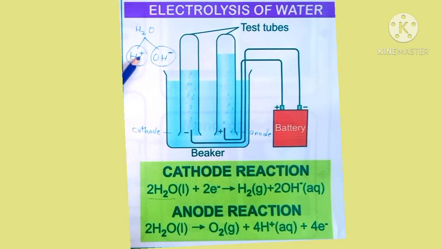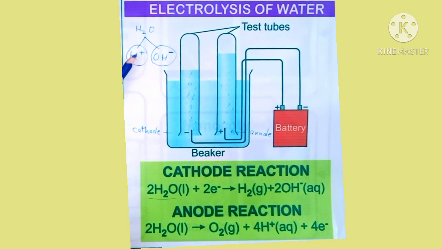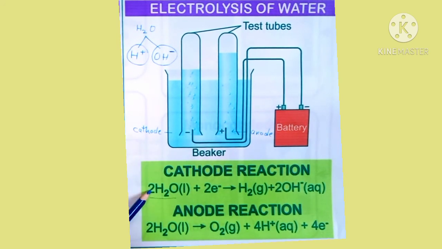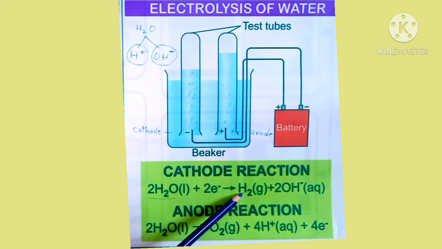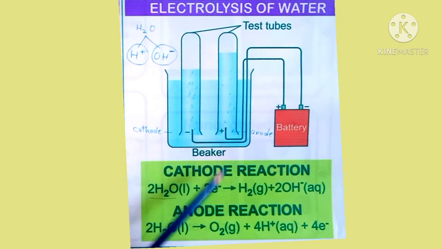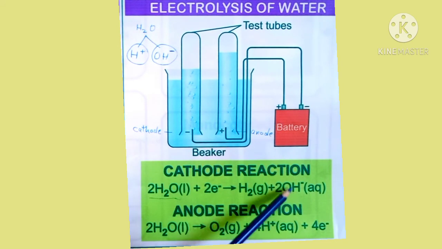These two H ions take electrons and form hydrogen gas. From two molecules of water, two H ions combine together to form hydrogen gas, and from the two molecules, two OH ions will remain in the form of ions.